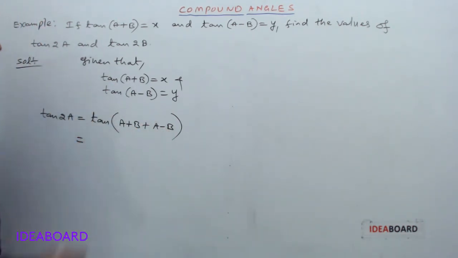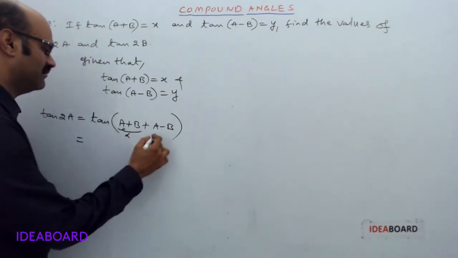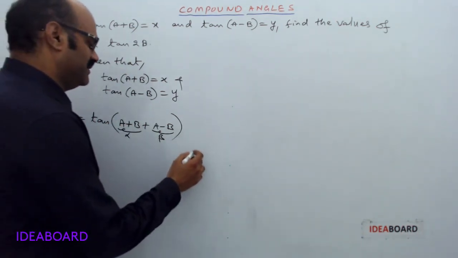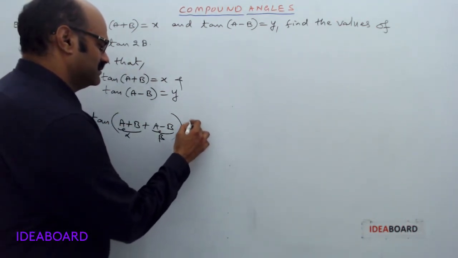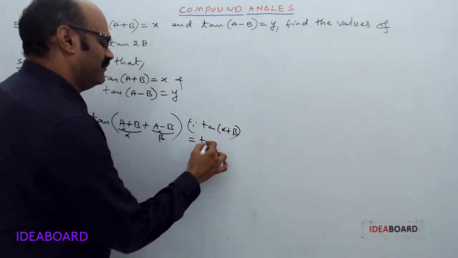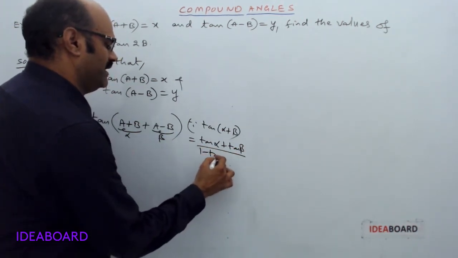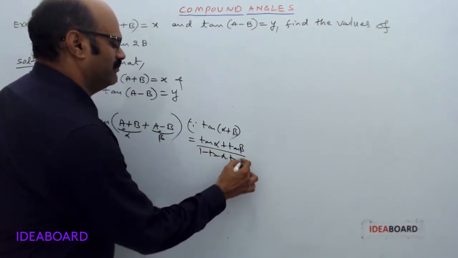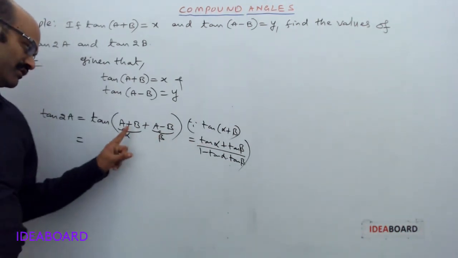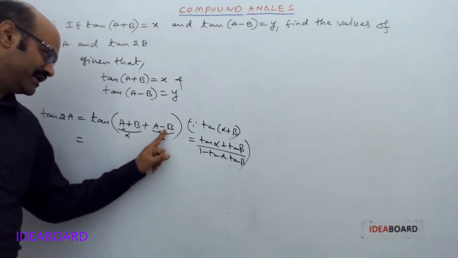Now we have the formula tan of alpha plus beta, equal to tan alpha plus tan beta by 1 minus tan alpha into tan beta. So you can take alpha as a plus b, beta as a minus b.